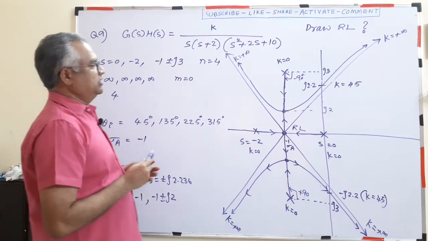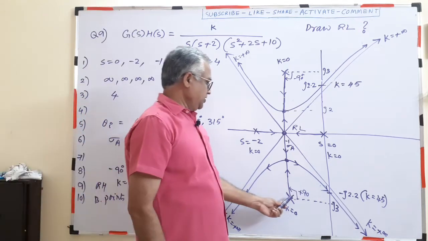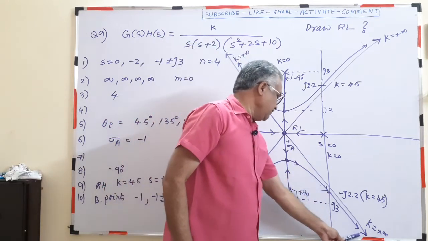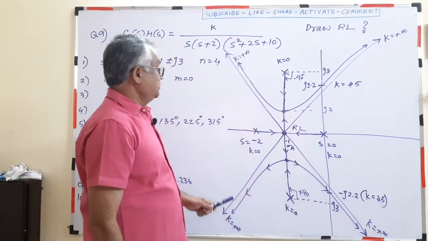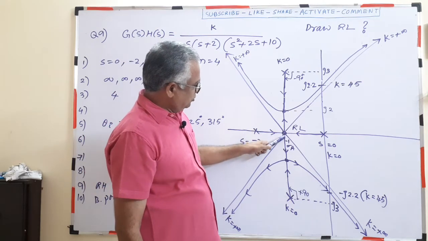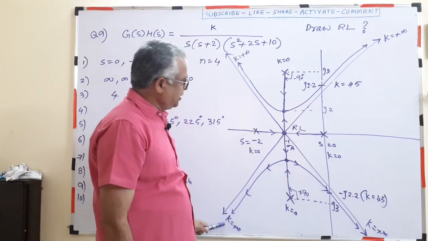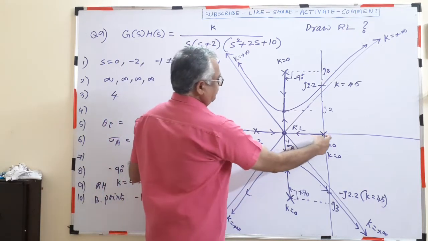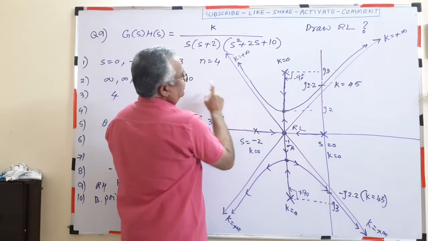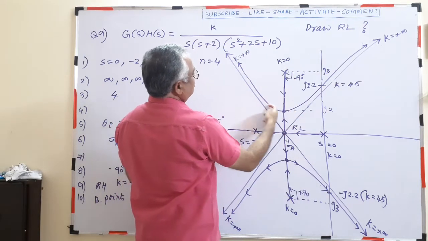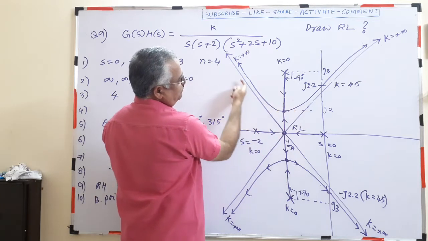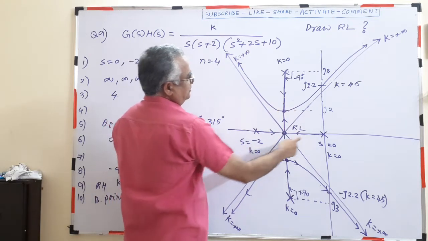So finally, what are the branches? K equal to 0 to plus infinity for each of the four branches.